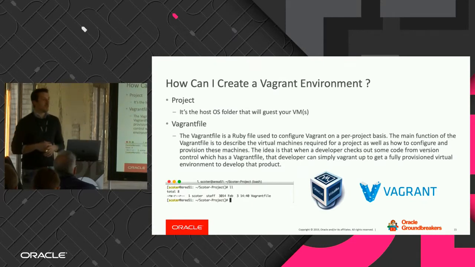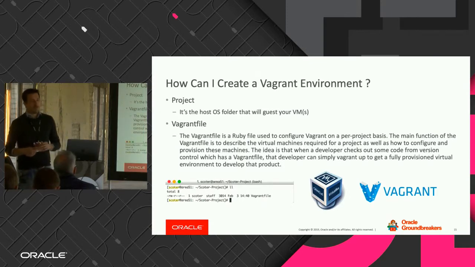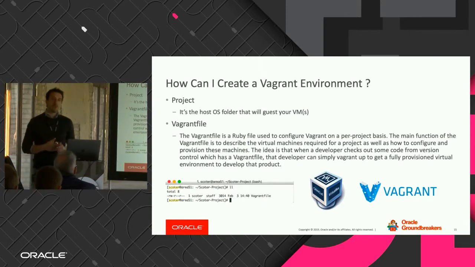The Vagrantfile contains all the configuration of your single or multiple VMs. And over there, you can define the number of CPUs, the amount of memory, the disk requirements, the network configuration, and even if one or more VMs are required for your Vagrant project.